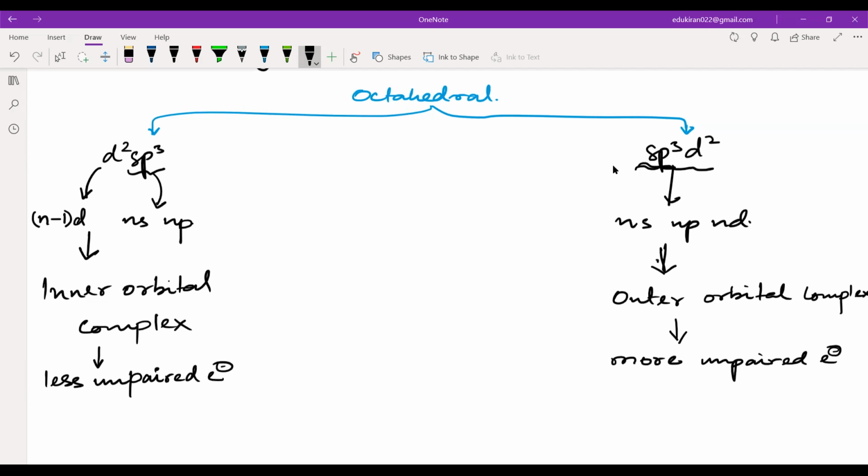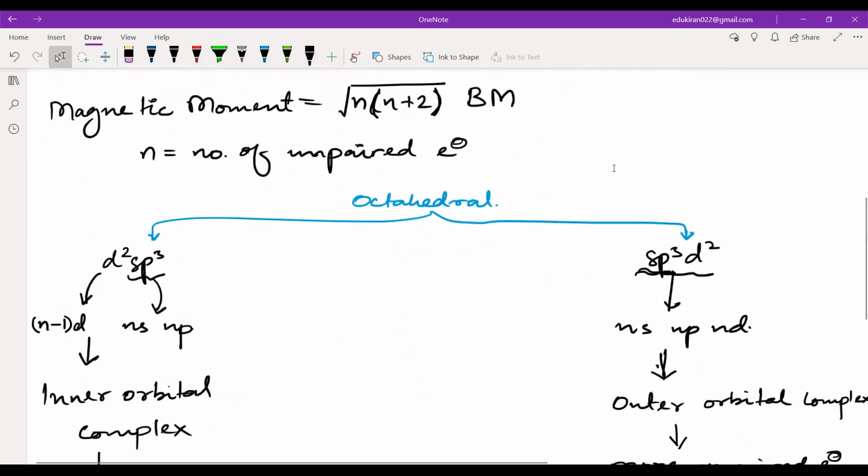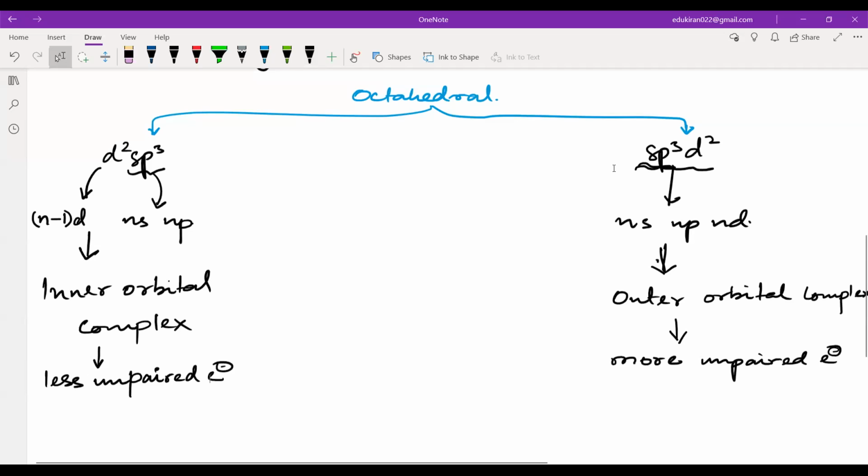Each electron has a spin, the spin magnetic quantum number, right? Those spins create the magnetic moment that we are talking about. If there are more unpaired electrons, it will have high spin.